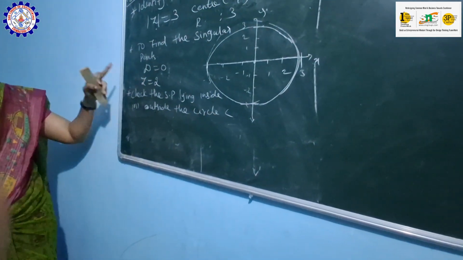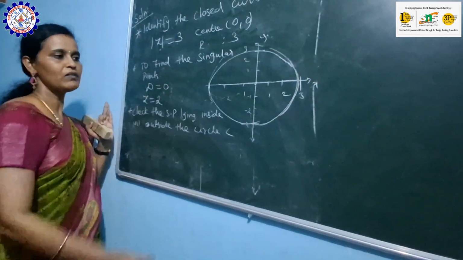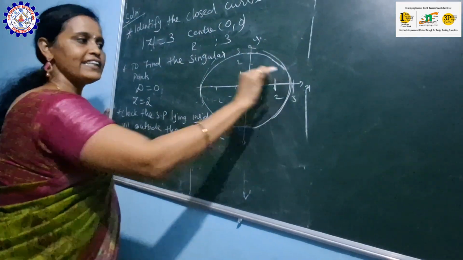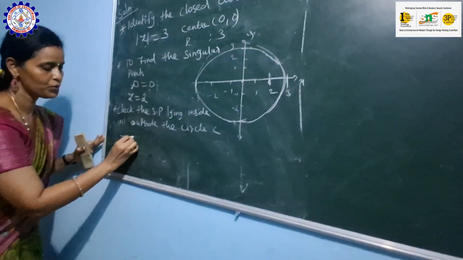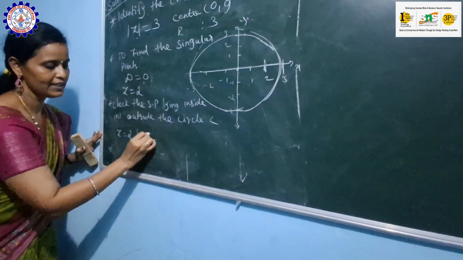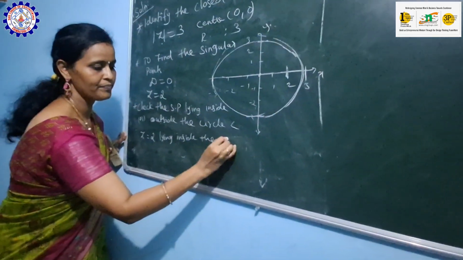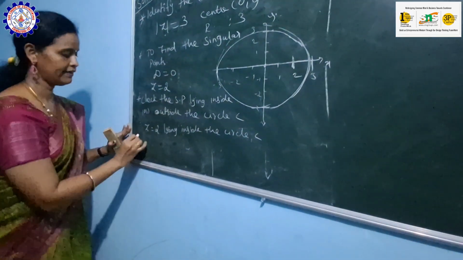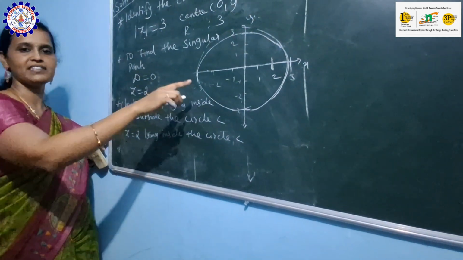Clearly our region is mod z equal to 3. So the point z equal to 2 lies inside the circle C. Therefore, if the singular point lies inside the circle C, then we can use Cauchy's integral formula.